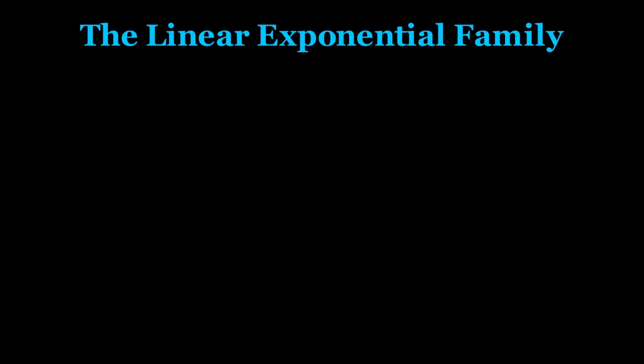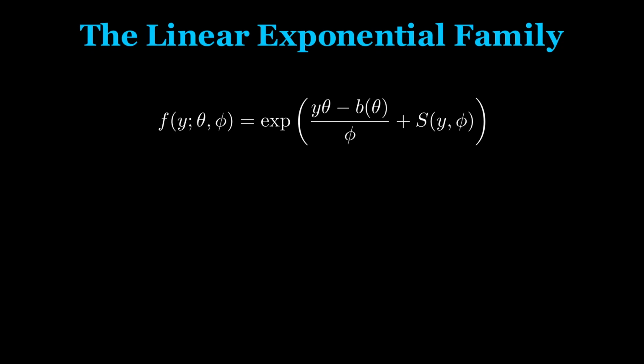The linear exponential family of distributions is a class of probability distribution functions that can be expressed in a specific form. It models the behavior of the response variable y. The probability distribution function takes the form f of y given theta and phi equals the exponential of the quantity y times theta minus b of theta, all divided by phi, plus s of y and phi.